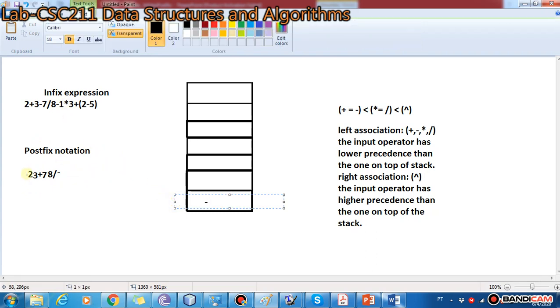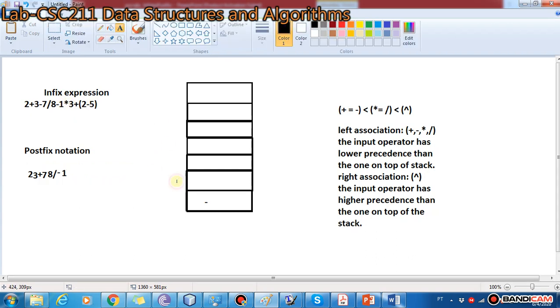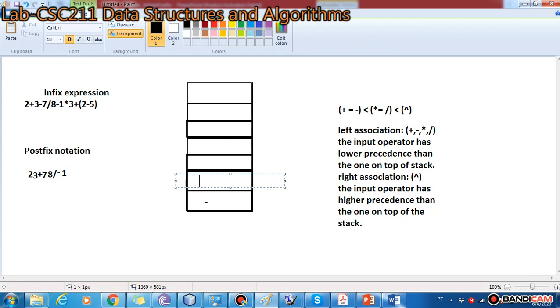Next there is 1. This one will be directly attached to the output string here. Then it's multiplication, an asterisk. This has higher precedence, so we will just push it onto the stack here. Then it's 3, so this 3 will be attached here to the output string.